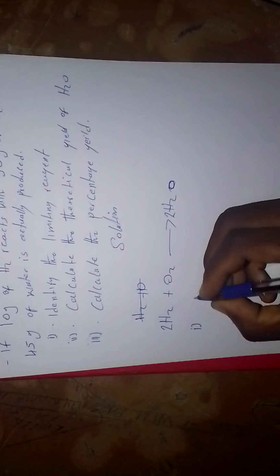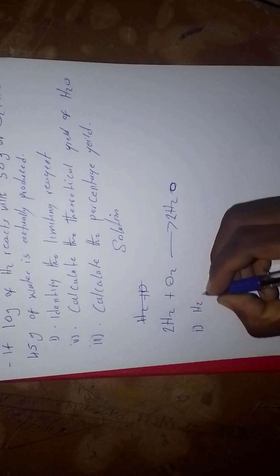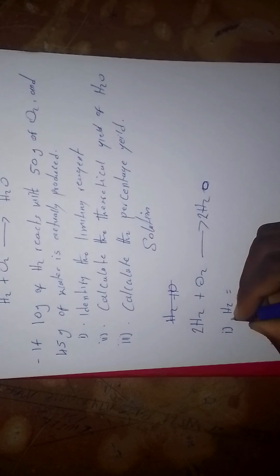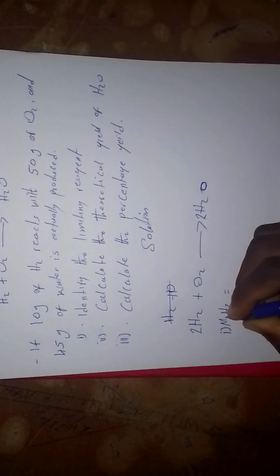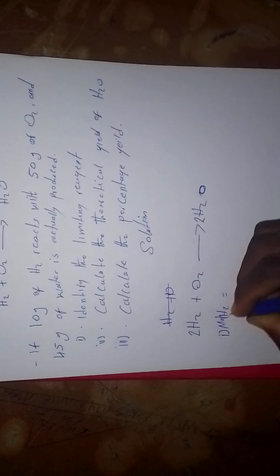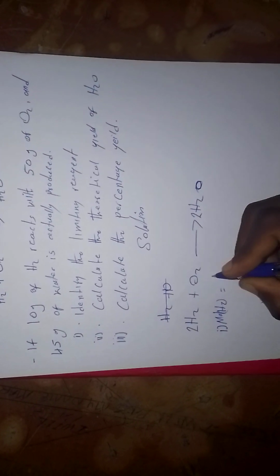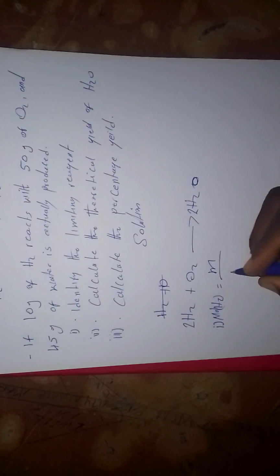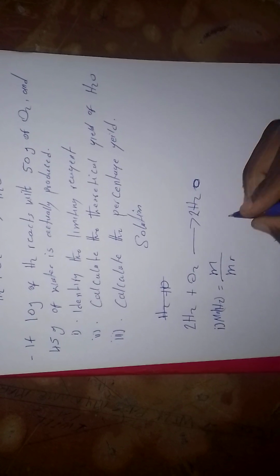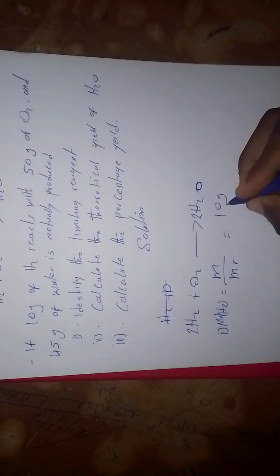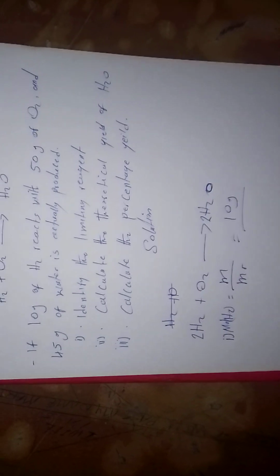For hydrogen, moles of hydrogen is equal to mass of hydrogen over molar mass of hydrogen, which is equal to 10 grams over the molar mass of hydrogen.